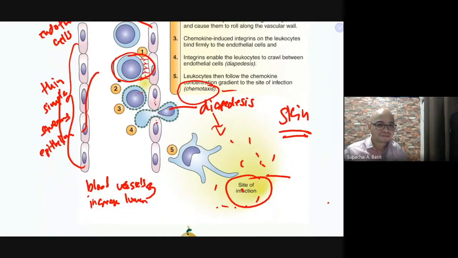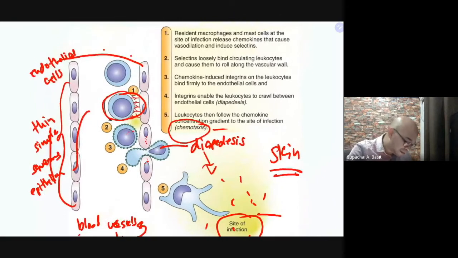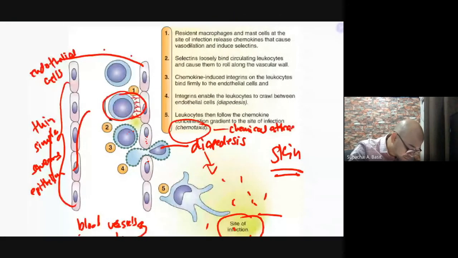because chemotaxis literally means chemical attraction.